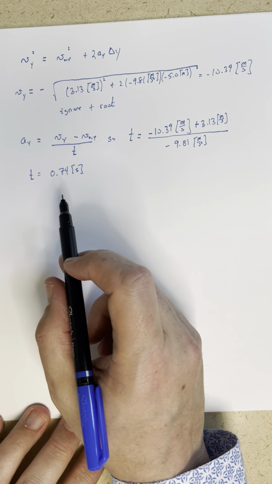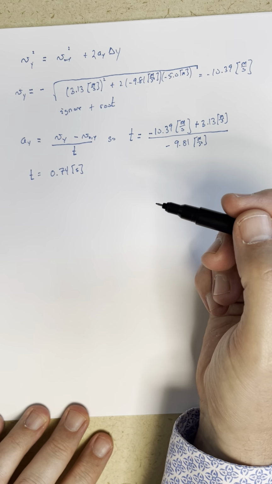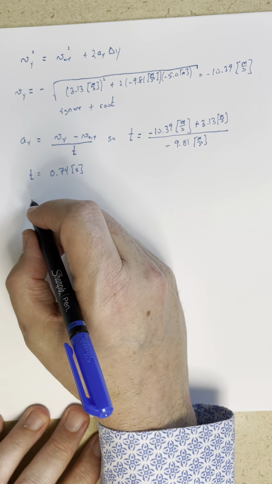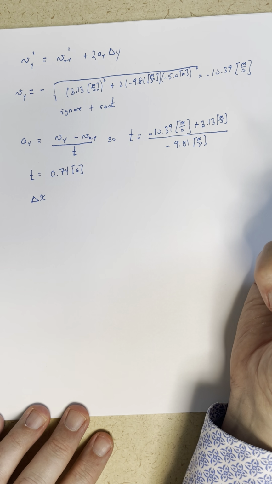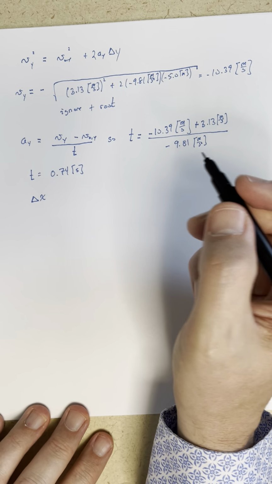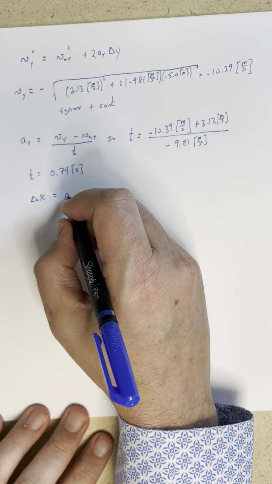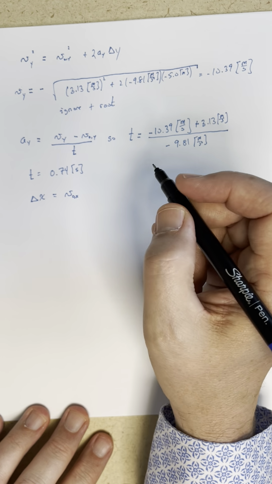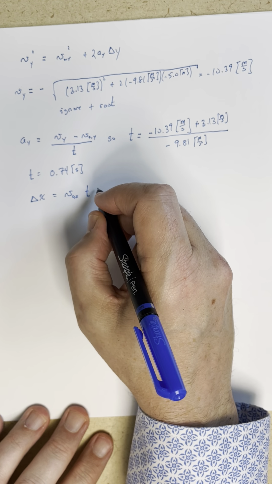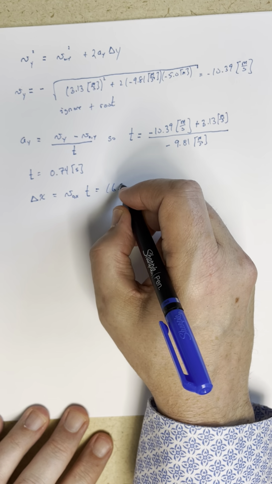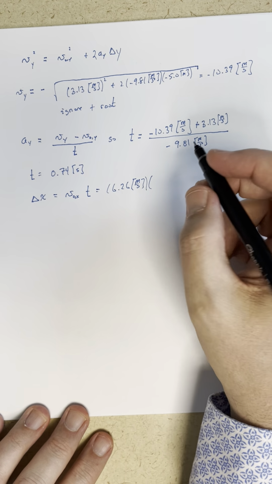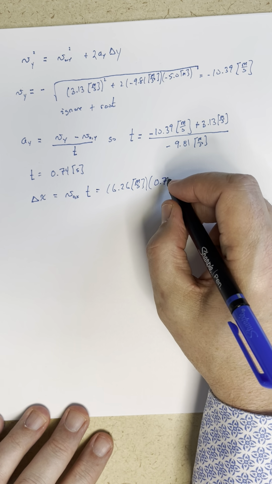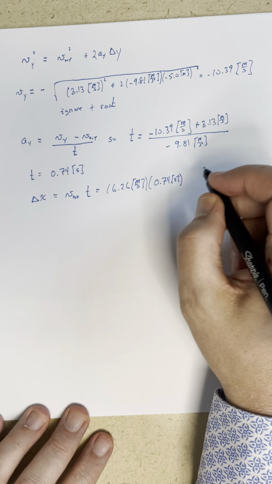And then lastly, how far over was the x coordinate where it lands? Well, it's not undergoing any acceleration left-right, so we just have the initial x component of the velocity times time. So 6.26 meters per second times 0.74 seconds.